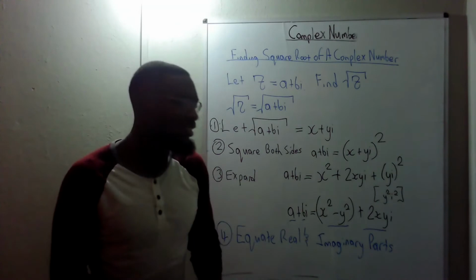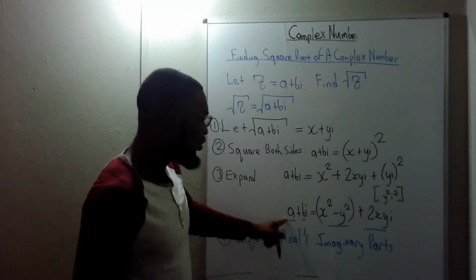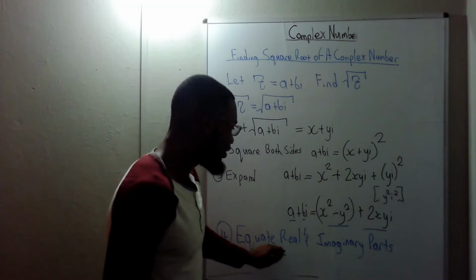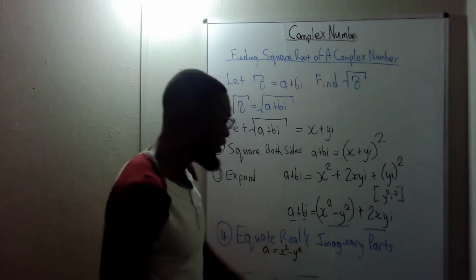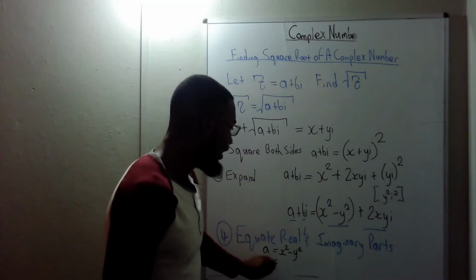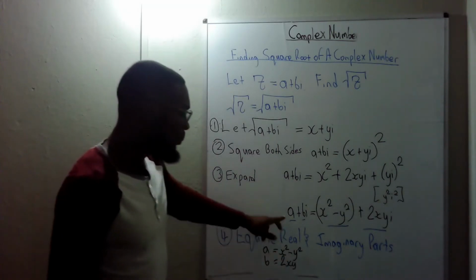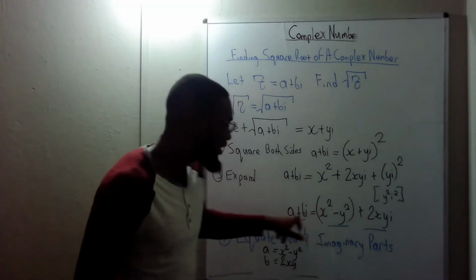What's so special? What is going to happen? When you equate the real parts, you're going to end up getting a is equal to x squared minus y squared. And we're going to have b is 2xy. That's what happens when we equate the real part and the imaginary part.